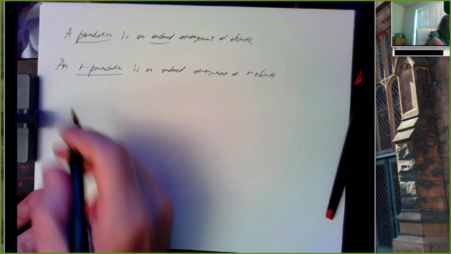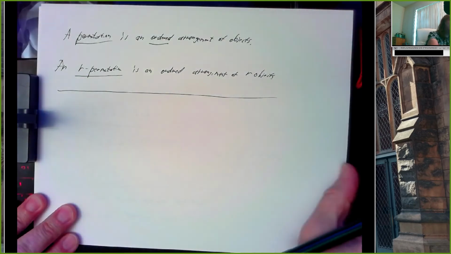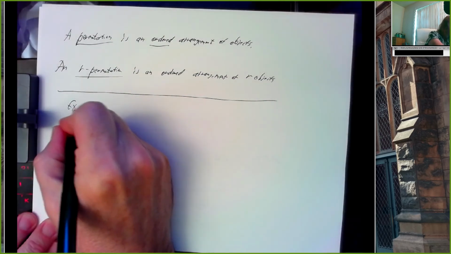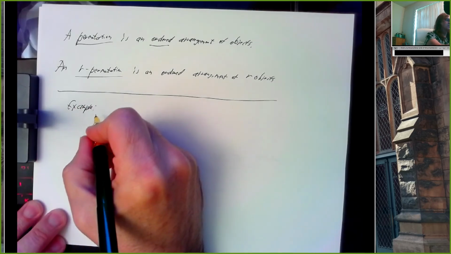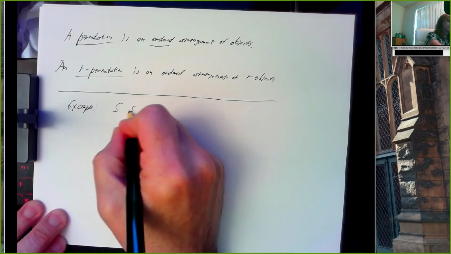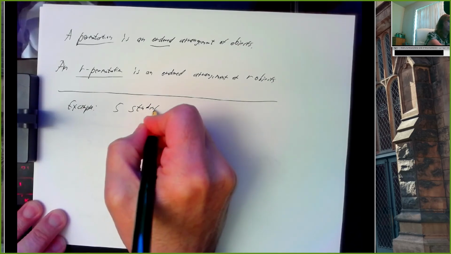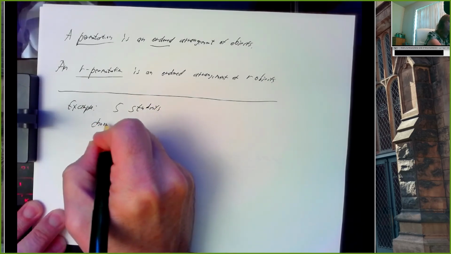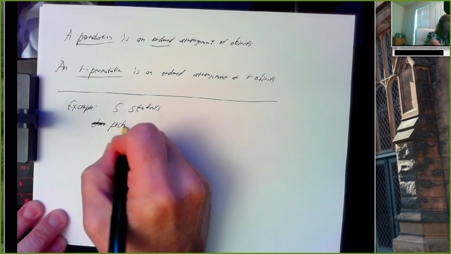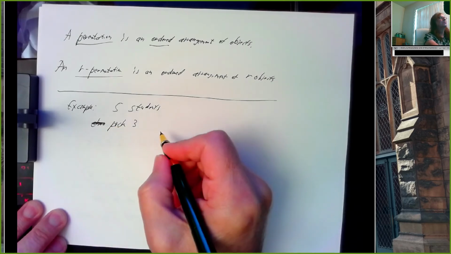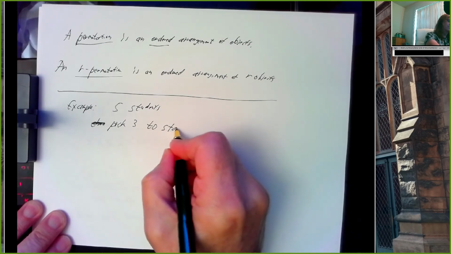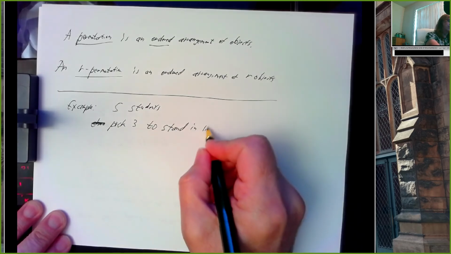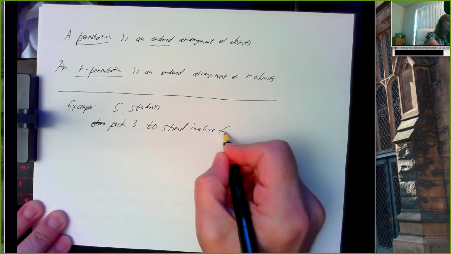And these pop up in studying problems related to, well, how to arrange things. So for example, let's say you have 5 students. And we want to pick, let me say pick, since choose is a particular word, let's pick 3 to stand in a line for a picture.